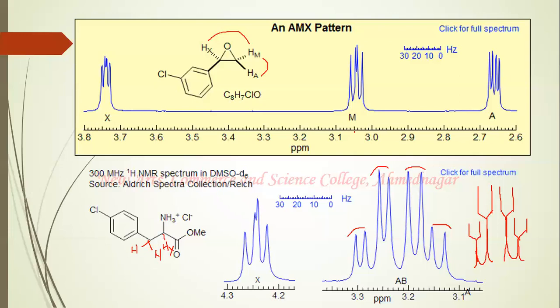In the AMX spin system, A and M protons have a considerable difference in their chemical shift values, but here the two signals are very close. Look at this part. This signal will be coming close to this, around 3.18, and the second signal will be around 3.25, and here it is around 2.65, and this is around 3.05. So here there is a large difference.